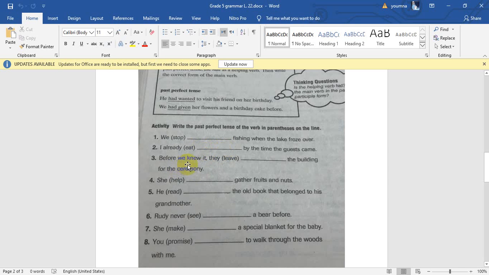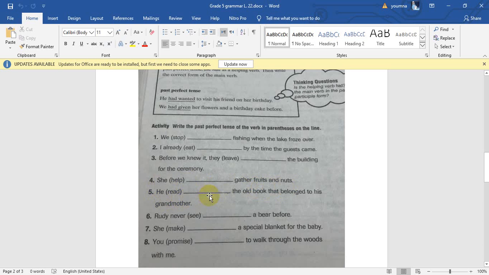Then before we knew it, they leave space the building for the ceremony. So it will be they had left. Had left. Then number 4, she helped space gather fruits and nuts. So it will be she had helped. She had helped. Add only ed.